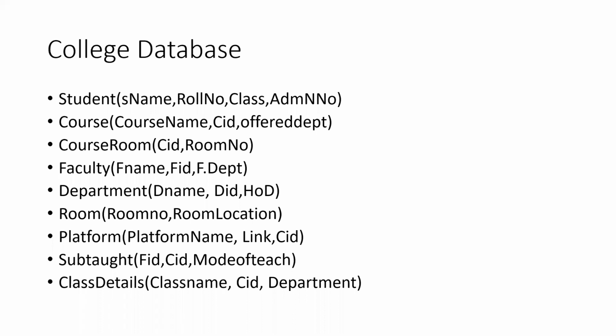To find the faculty, retrieve the faculty and HOD name of the electrical department. We need two tables, the department table and the faculty table, because we will get the HOD ID from the department table.